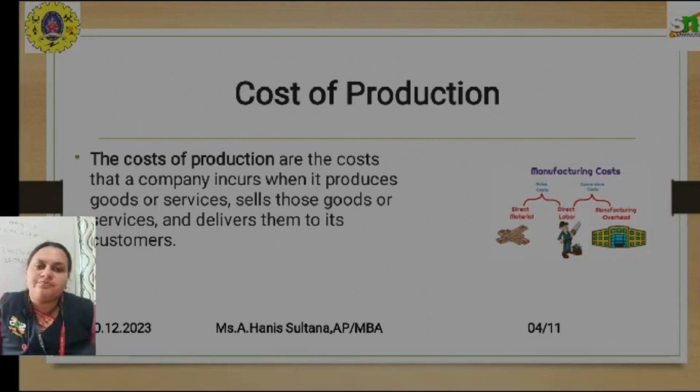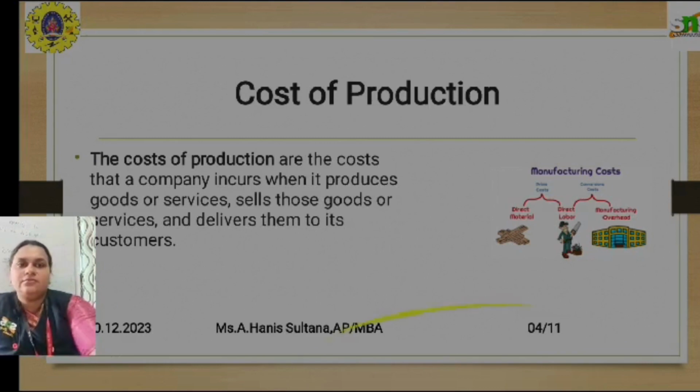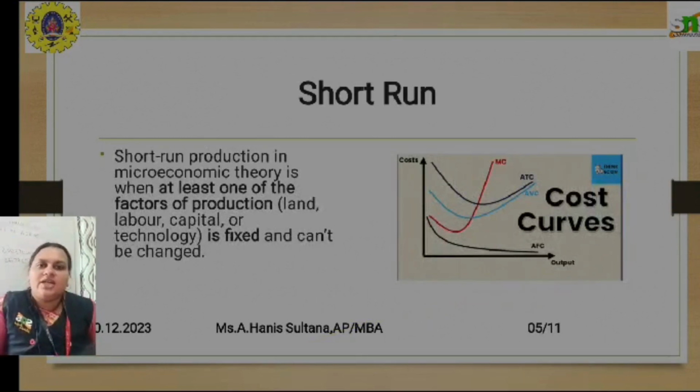The cost of production involves producing goods and services, selling them, and delivering them to reach the consumers. In the short run, as we discussed earlier, the equation is Q = f(land, labor, capital and organization).